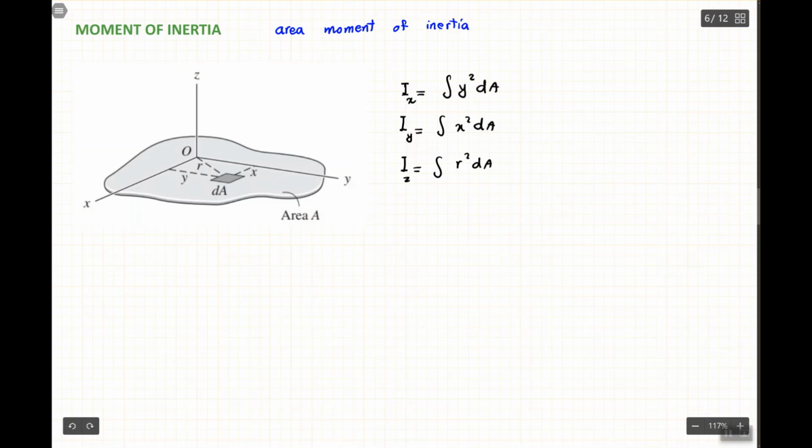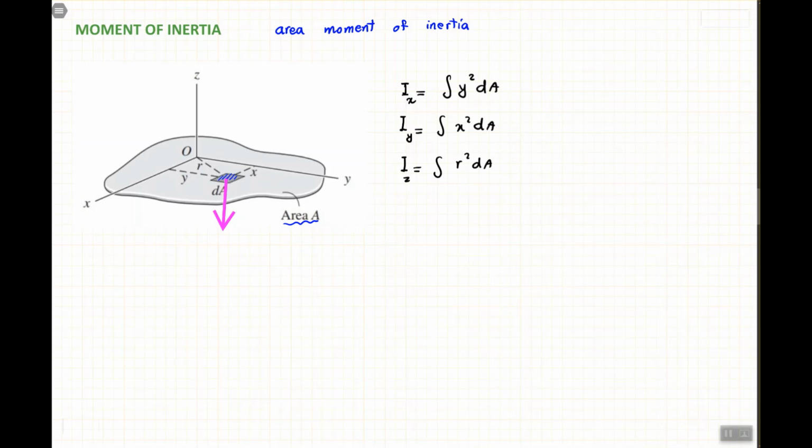Simply explained, we break down the whole area into smaller areas, which we call dA. You can think of each dA as a small weight, and you're calculating its moment about an axis. Remember, when we talk about moment, it's always about an axis.